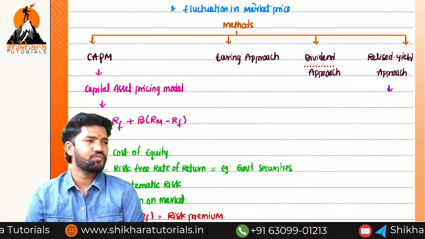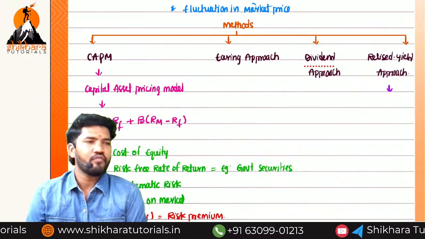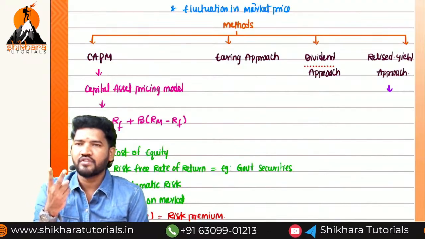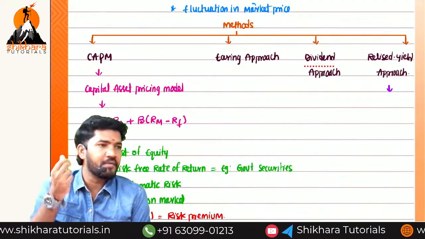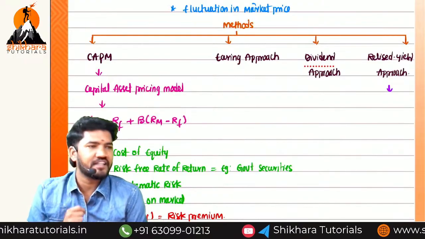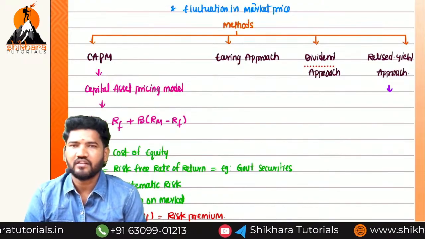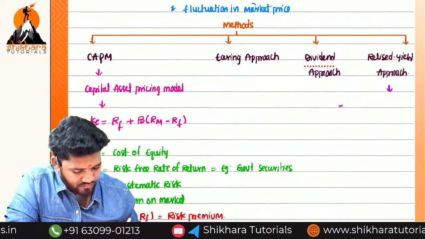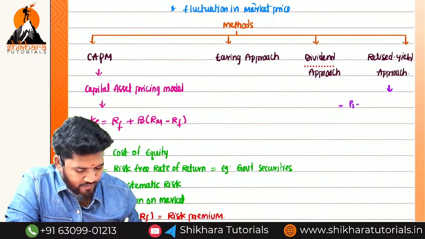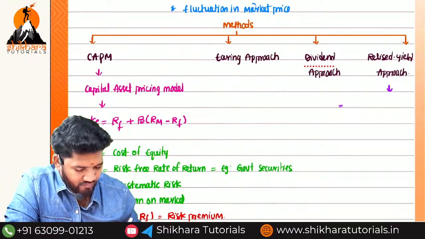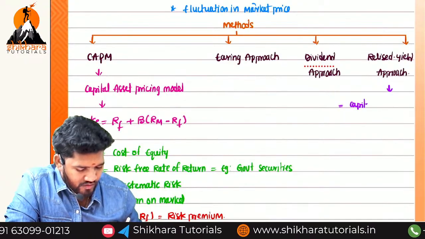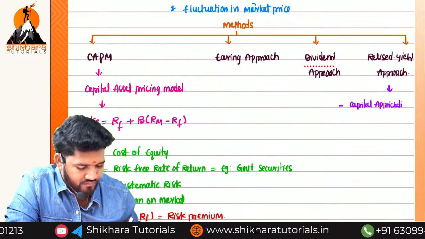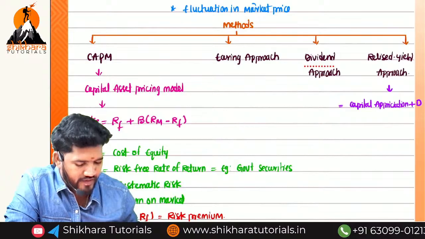Realized yield approach. Now if you purchase one security, how many benefits are you receiving? Two benefits: profit share and capital appreciation. The profit share is nothing but dividend. Guys, clear? Now see: P1 minus P0, capital appreciation, plus dividend.